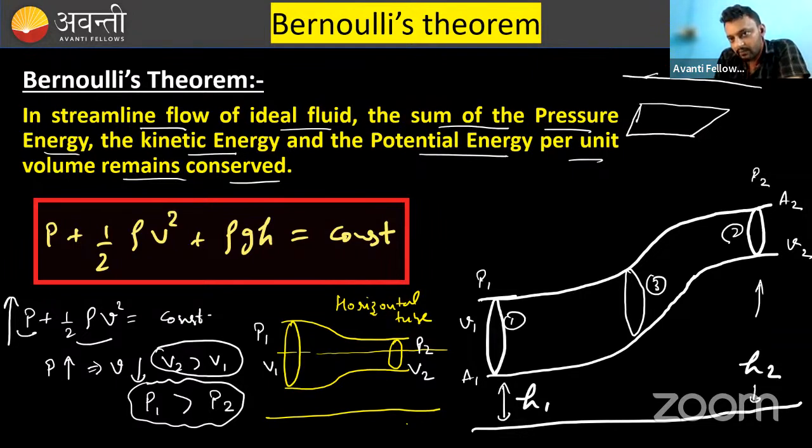Wind is blowing at a very high speed above it, and below the tin, in the room, there is no such wind. If high velocity wind is blowing, that means pressure above decreases, and there is no wind below the tin shade, so pressure remains the same as it was earlier.